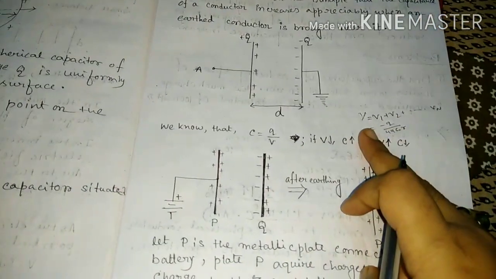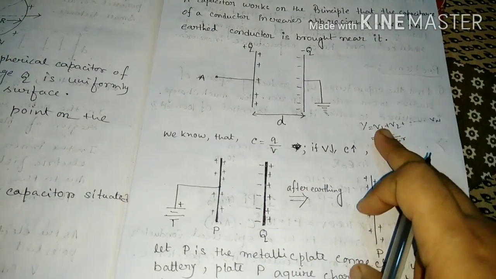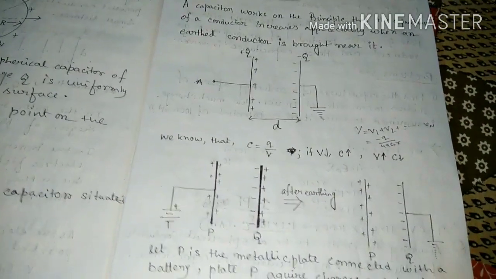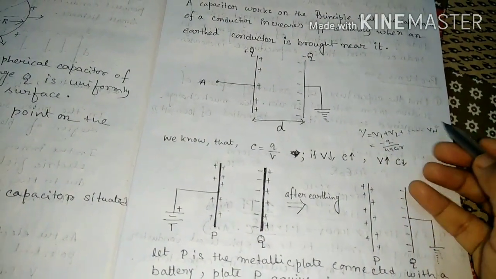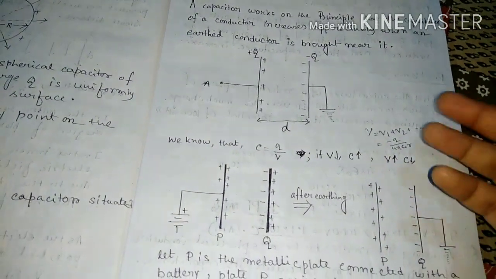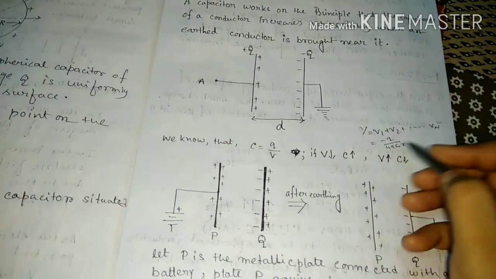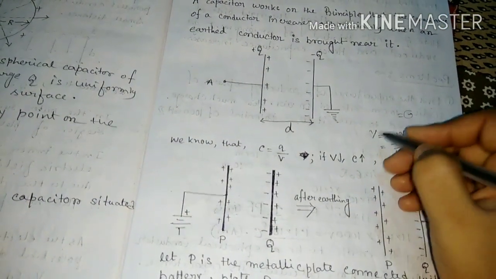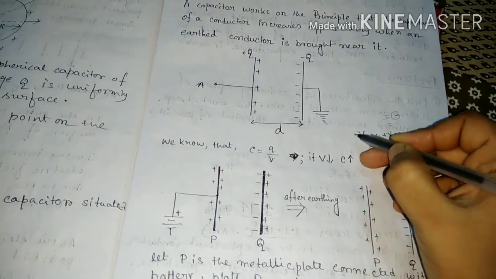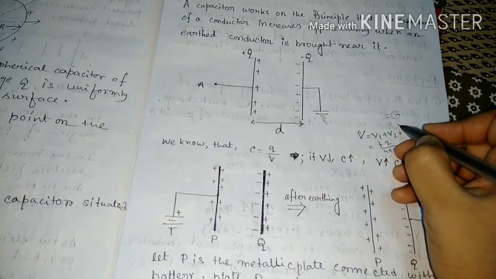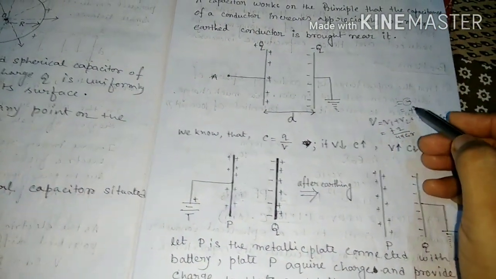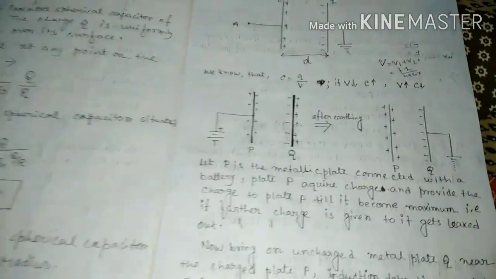But in case of potential, if a plus charge is there, the plus remains; if a minus charge is there, we write the minus. This is an arithmetic addition, so if the answer is negative, the potential decreases. If positive charges are present, the electric potential will be positive. That means for minus it decreases, for plus it increases.